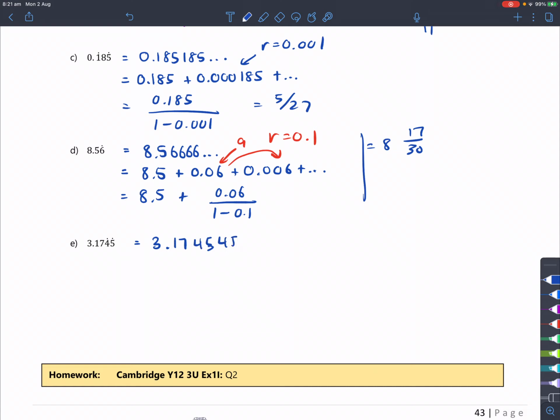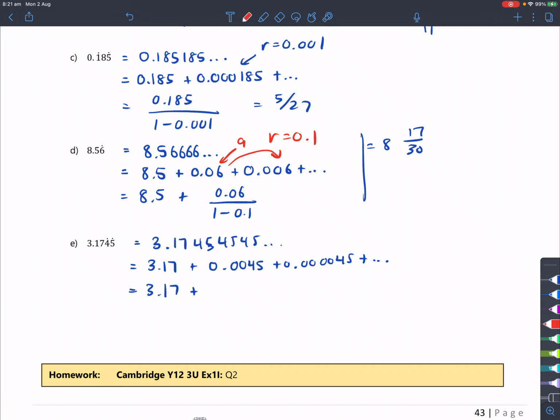So this will be 3.174545. Only the 4s and 5s repeat, whereas the 3.17 at the beginning stays put where it is. Okay, let's add the 0.0045 with a 0.000045 and so forth. 3.17 will stay put where it is.